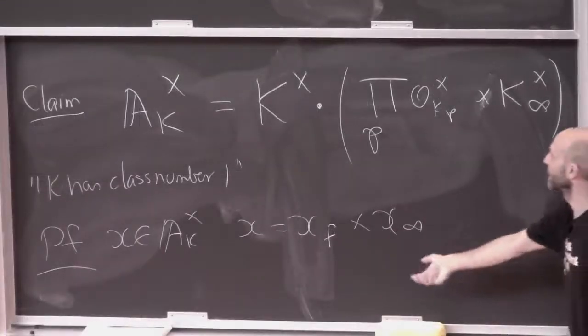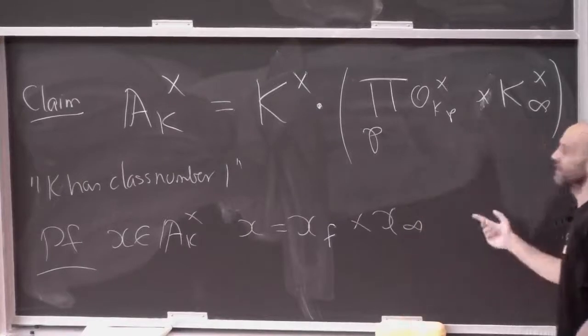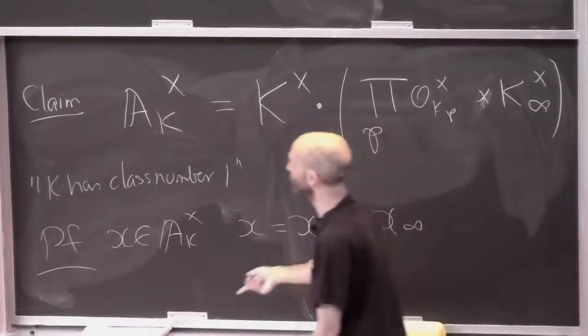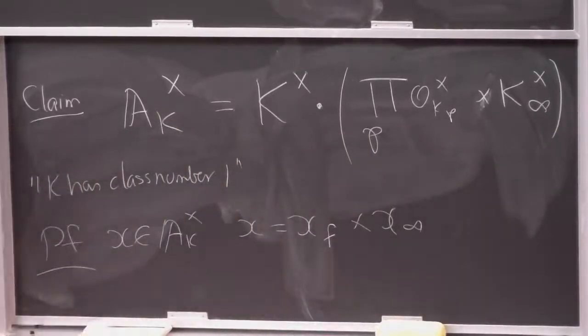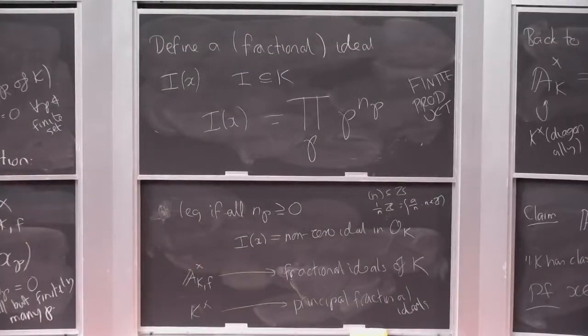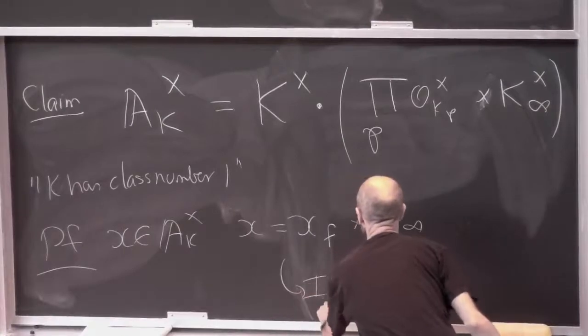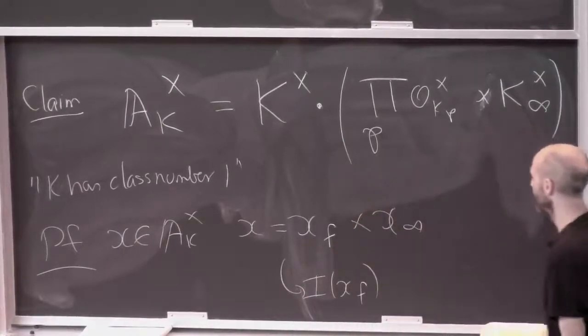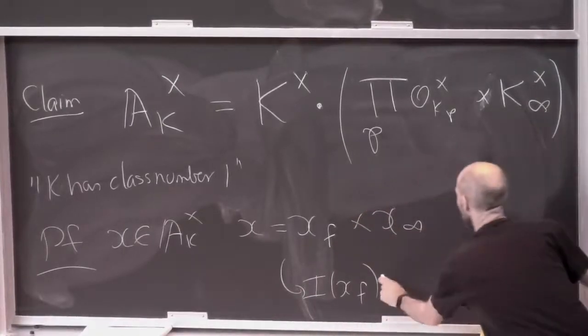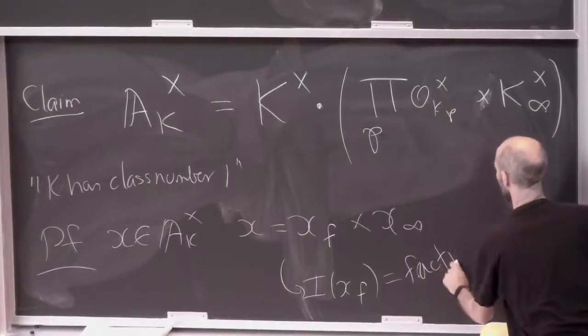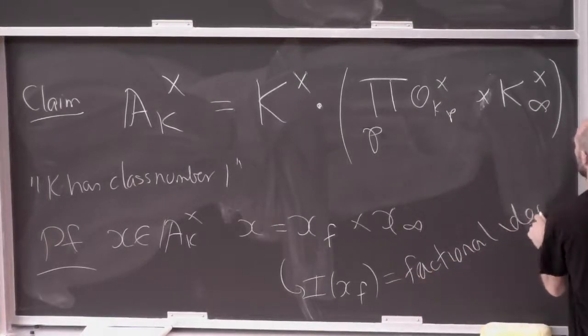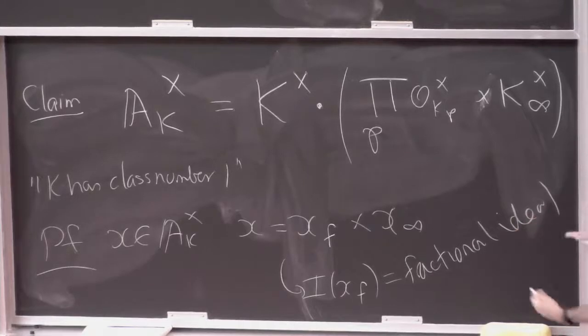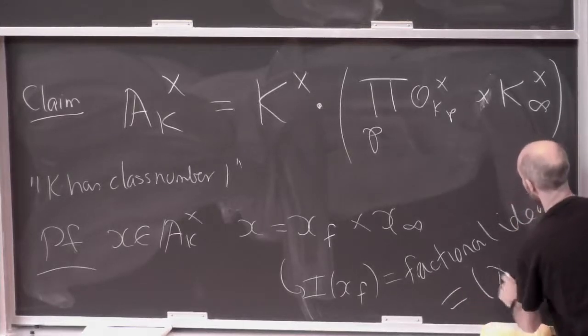I can take the p-adic valuation of x_p, and I get a number for each prime ideal of K, and I put all those numbers together to make that gadget there. So x_f becomes I of x_f, and that's a fractional ideal of K, and so it's principal. So it's generated by lambda.